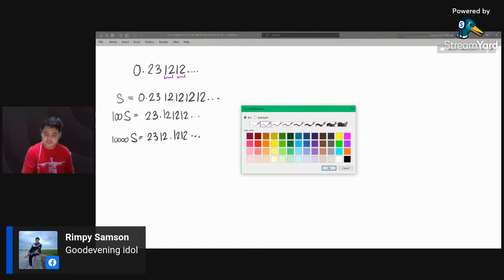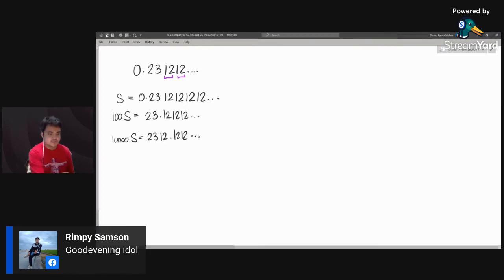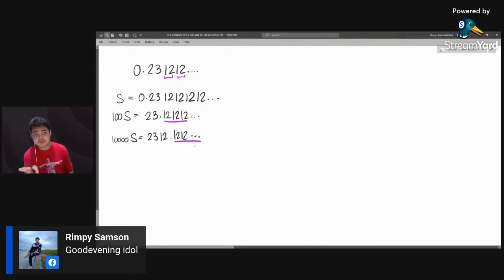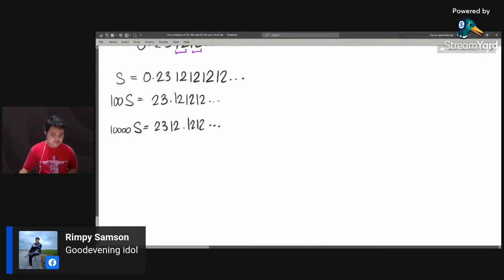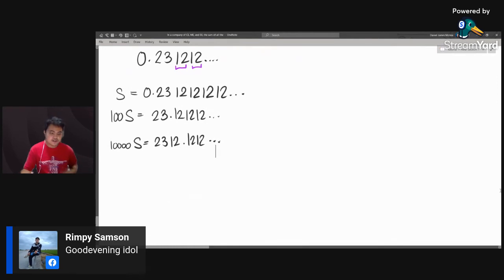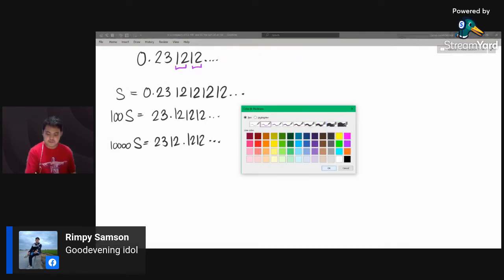As you may notice dito, yung ating decimal na part, puro 1, 2, 1, 2 na lang. So, kung puro 1, 2, 1, 2 na lang yan, pwede natin i-subtract the two equations.